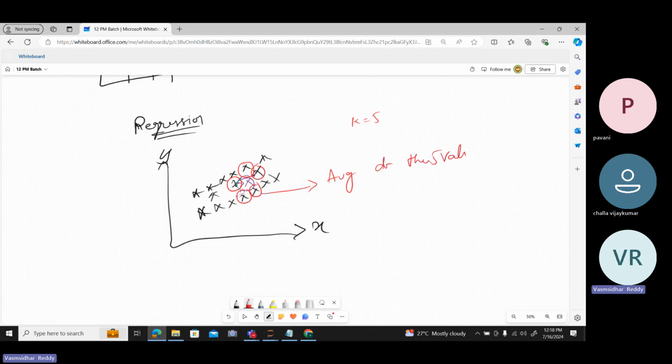If you apply the average of these 5 values, you will find the exact value of a new data point. In regression we average, in classification we separate. So here we need to take the average of the 5 values, then we can find the exact value of a new data point.